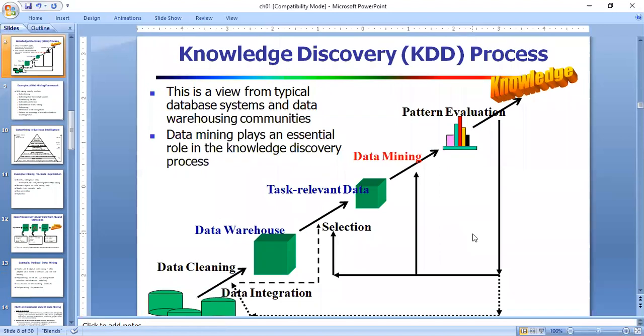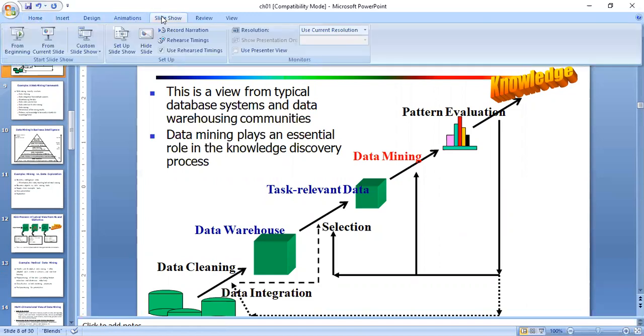If you see the knowledge discovery, that is the KDD process. Okay, this is the view of a typical database and data warehousing community. Already you might have seen in the first one or two units what data warehousing is.